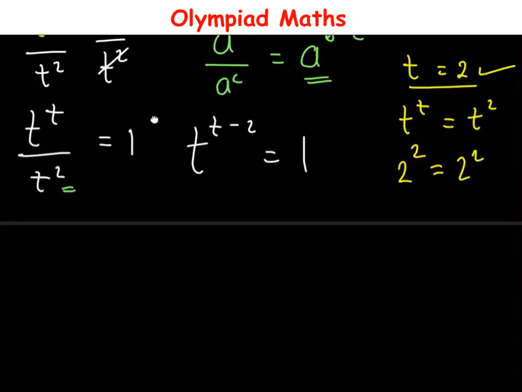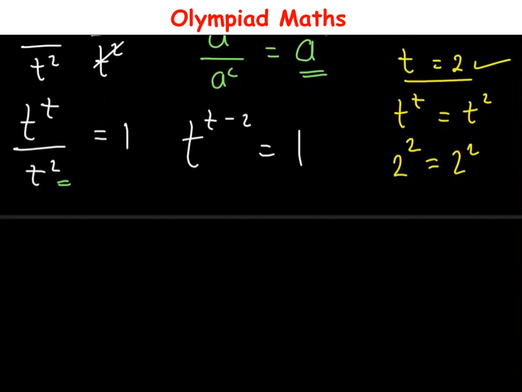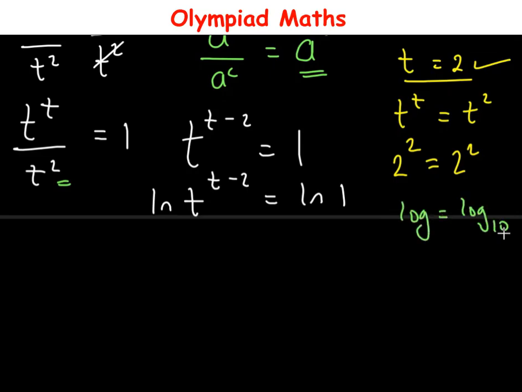At this junction, what you are going to do is to introduce natural logarithm to both sides of the equation. So ln of t raised to power t minus 2 is equal to ln 1. And from here, you can apply the property of logarithm to natural logarithm. Don't forget that log is simply log to base 10, while ln is log to base e.